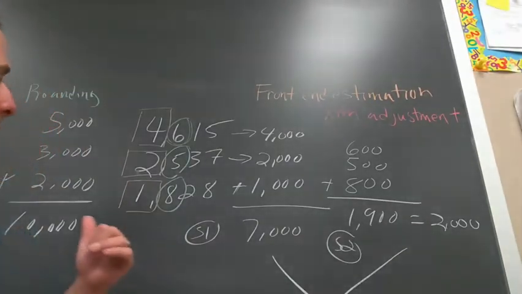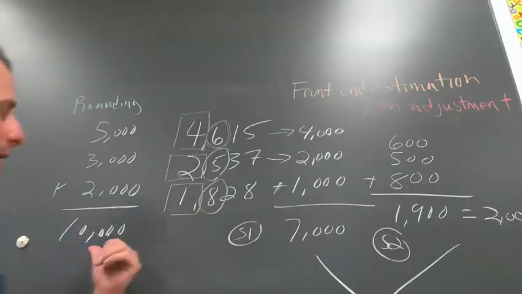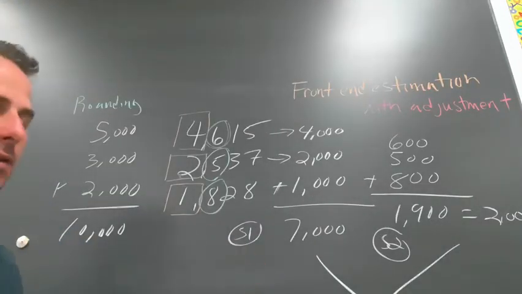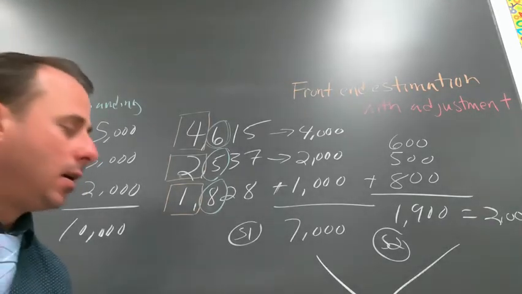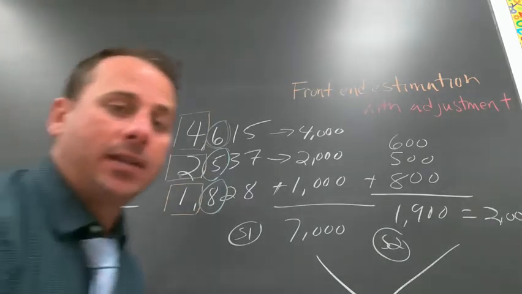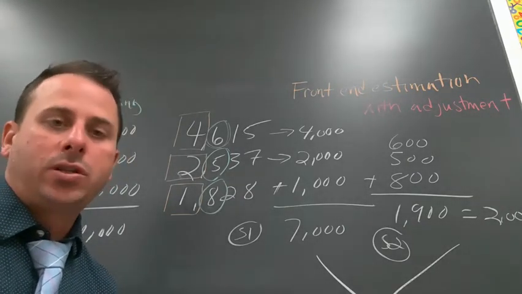We looked at rounding and we looked at front-end estimation, and we got 10,000 using rounding. We got 9,000 using front-end estimation with adjustment. Let's see what the actual is, and let's see in this case which of the two types of estimation strategies is more precise.